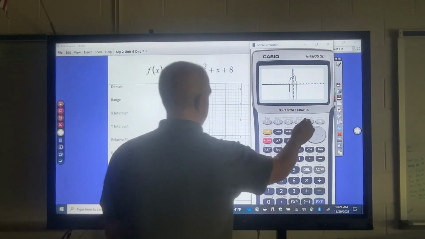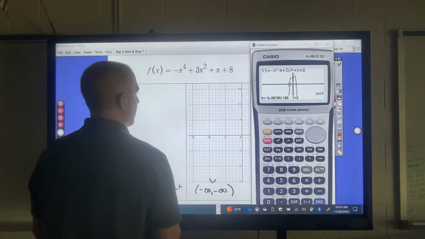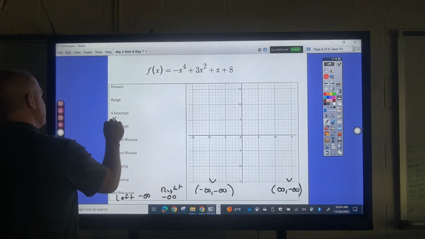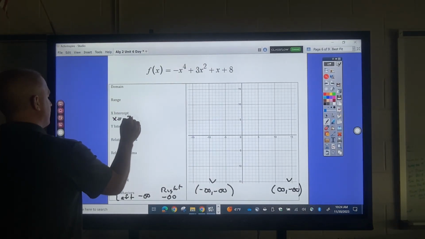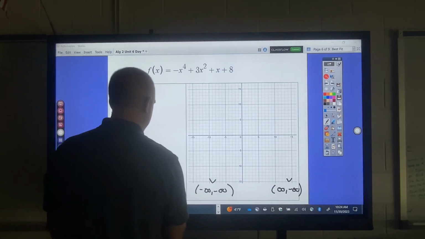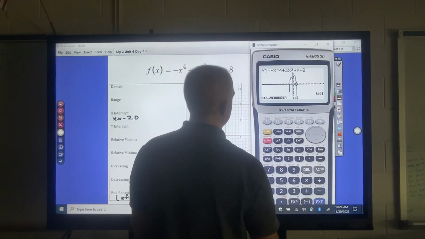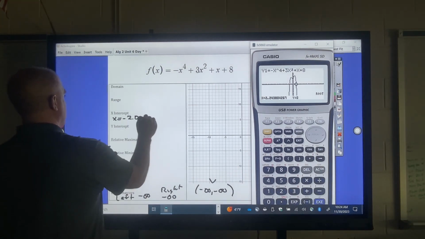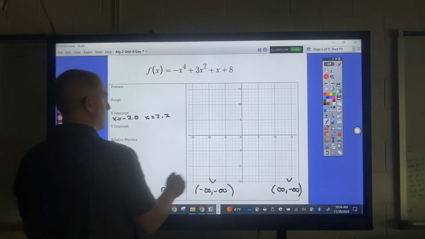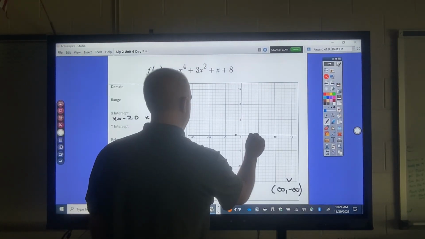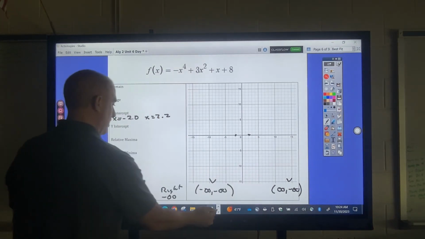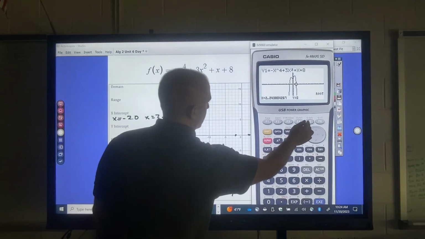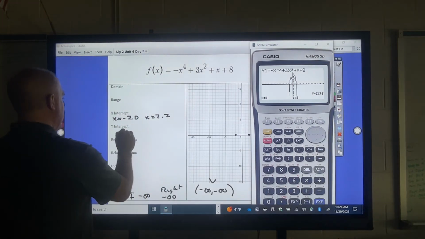So I'll use G-Solve root. I got negative 2.0. Over here, I get 2.2. Okay, so I'm going to go ahead and put those on there. I'm going to go ahead and find the y-intercept. It's going to be 8.